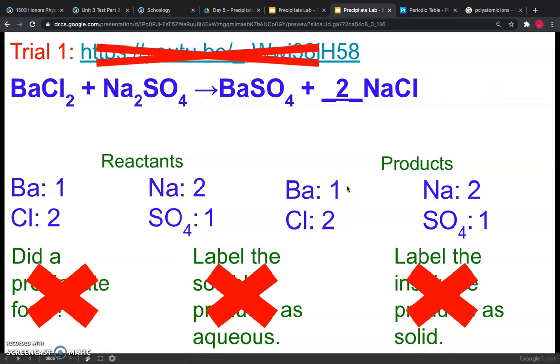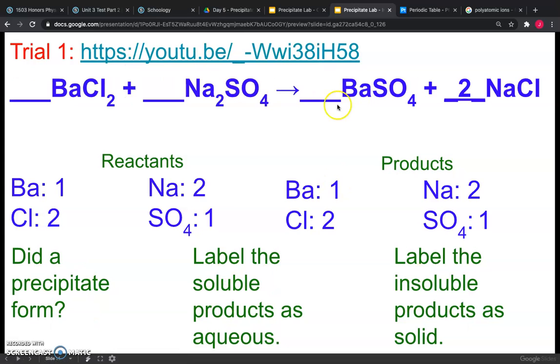Okay, don't worry about answering this question or doing either of these two things: labeling the soluble and insoluble products. We haven't learned that yet. I'm going to give instructions on how to do that at the end of this lesson. So for right now, just focus on predicting the products and balancing the reaction.